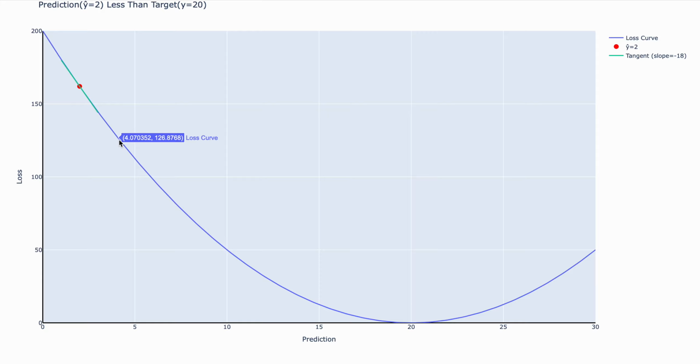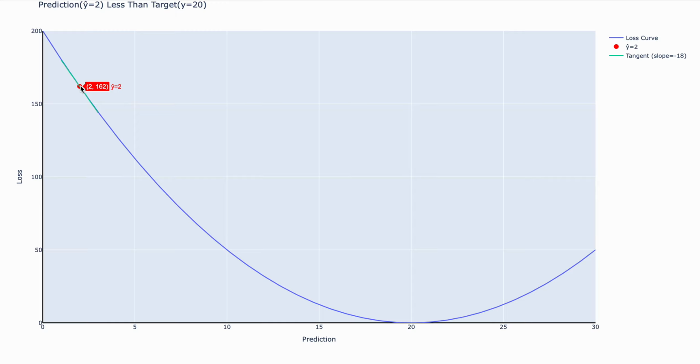Now, why did that happen? Well, because the rate of change is approximately negative 18. So when we increase y hat, our prediction, by 2, from 2 to 4, the loss is going to decrease by 2 times the gradient, which is negative 18.